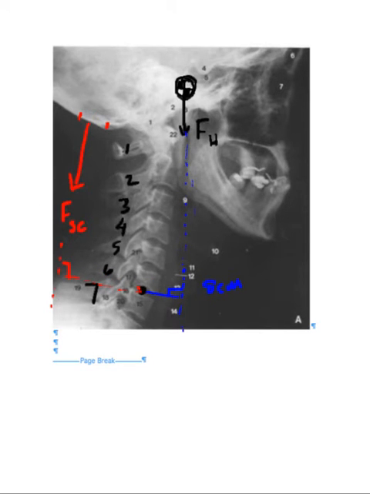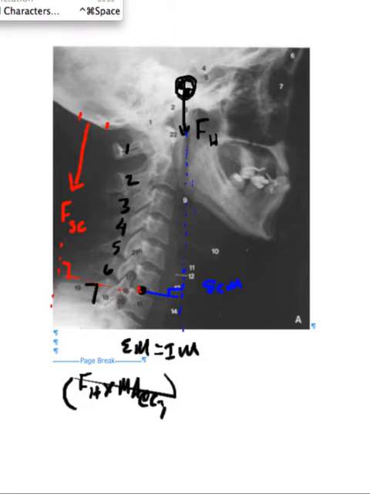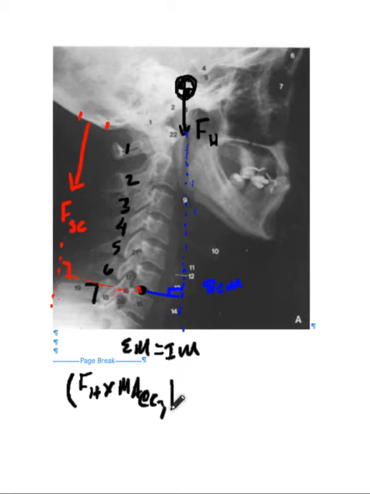So basically we could do a moment equation like this. We could say EM equals IM, where we have the force of the head times the moment arm at C7, and all of that equals the internal moment, which is going to be F_SC times the moment arm of SC at C7.